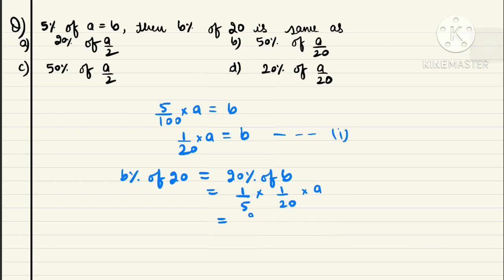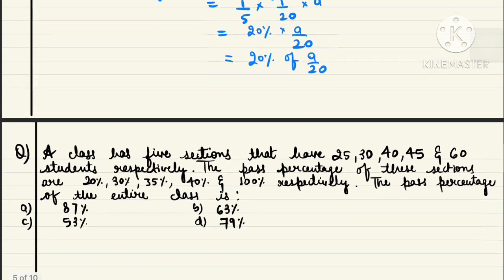So we will write 20% of A by 20. So option D will be your answer. Right. Okay, let's move to the next question.